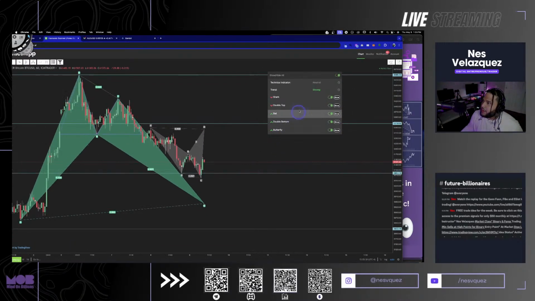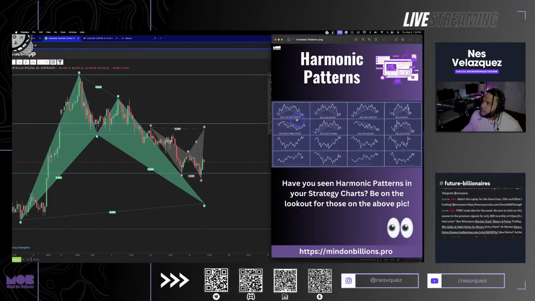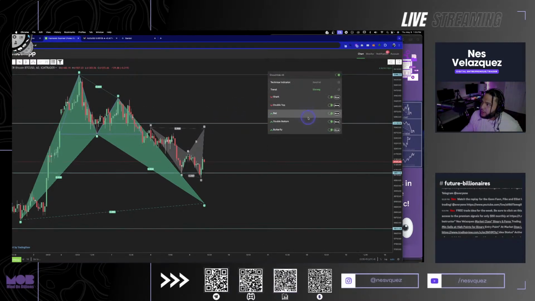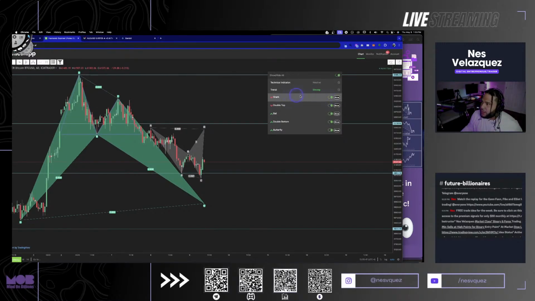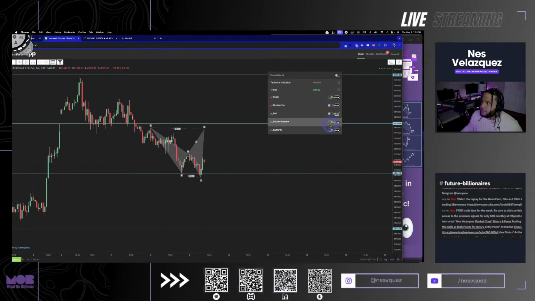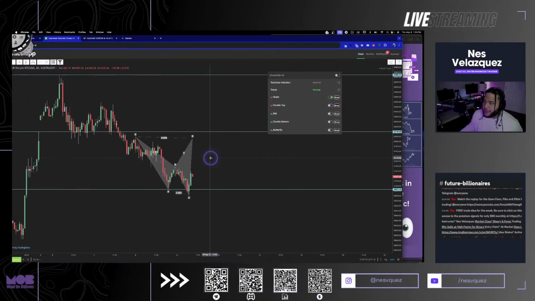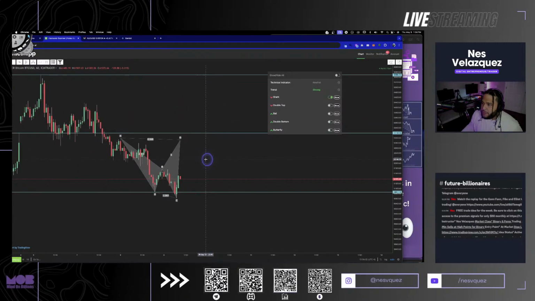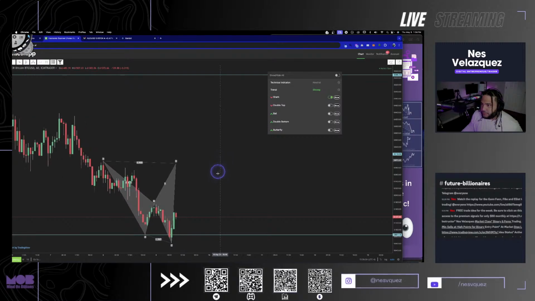Butterfly, bat. Let's see, do we have a Gartley? No, we got a shark. So let's show the shark. This is the shark pattern right over here. Slight differences with the looks of these harmonic patterns.